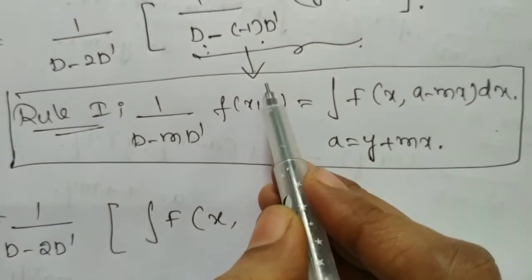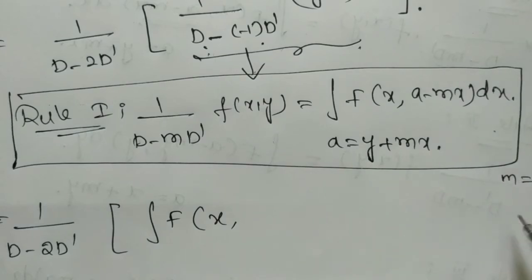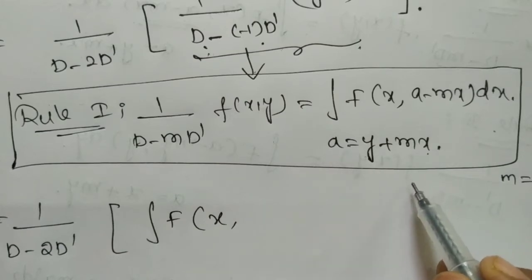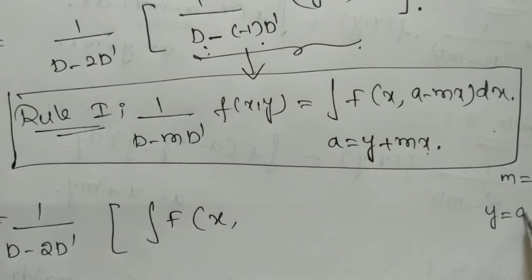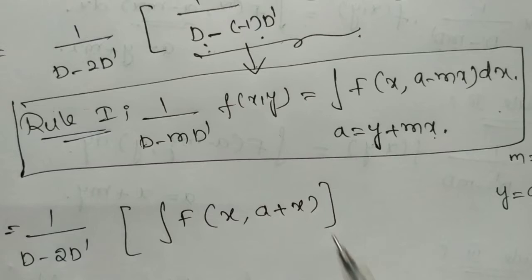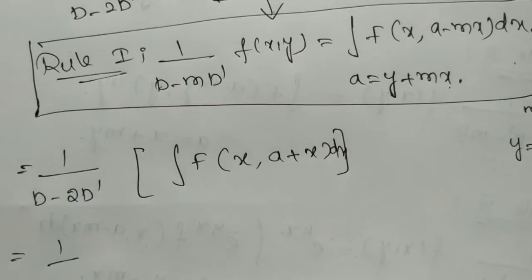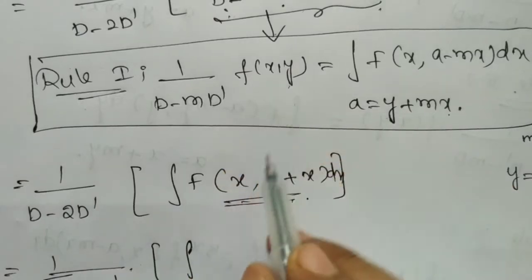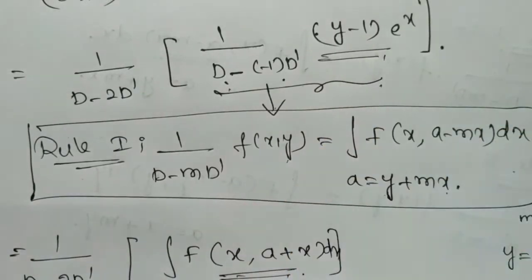Here m equals minus 1, so a equals y plus mx, then y equals a minus mx, that is y equals a plus x. f of x, y is y minus 1 into e power x, so y is nothing but a plus x, giving a plus x minus 1 into e power x into dx.